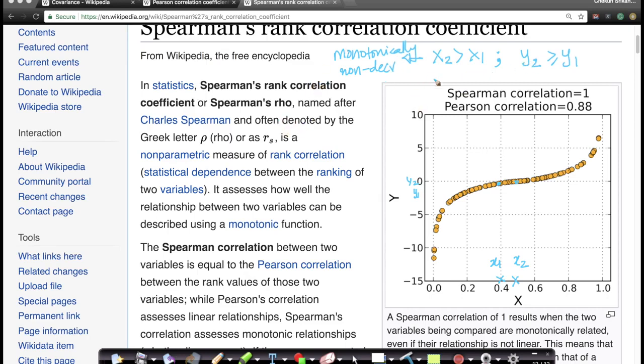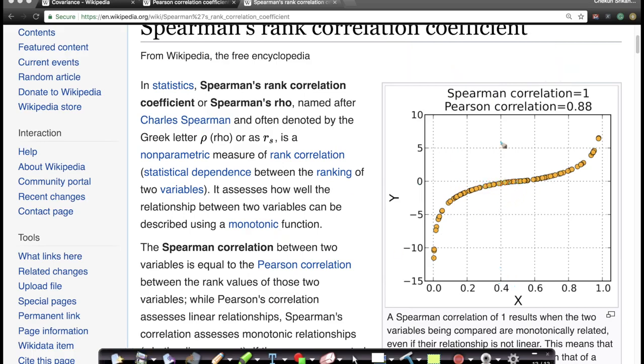On the other hand, if as x2 increases, my y2 also strictly increases, then it's called monotonically increasing. Here the only difference is there is a greater than here, while here you have a greater than or equal to. So this is monotonically non-decreasing, because if you take two values here, your x's may be different, but your y's are roughly the same, right?